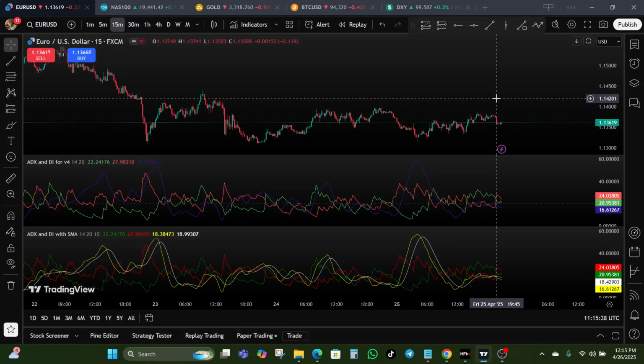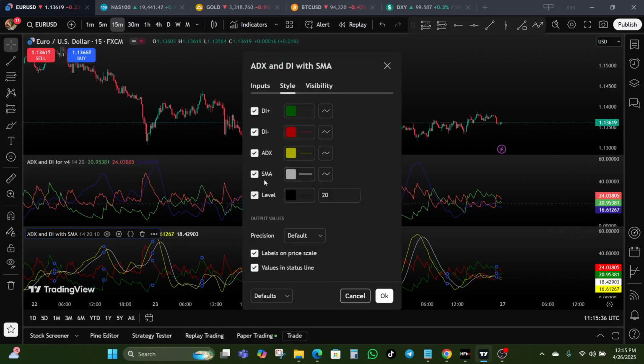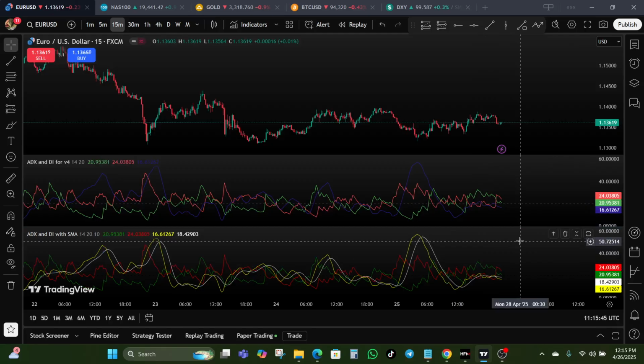So now, as you can see, this indicator goes a step further. The indicator goes a step further by adding a simple moving average. All right? Adds a simple moving average to better refine your trade entries and exits.